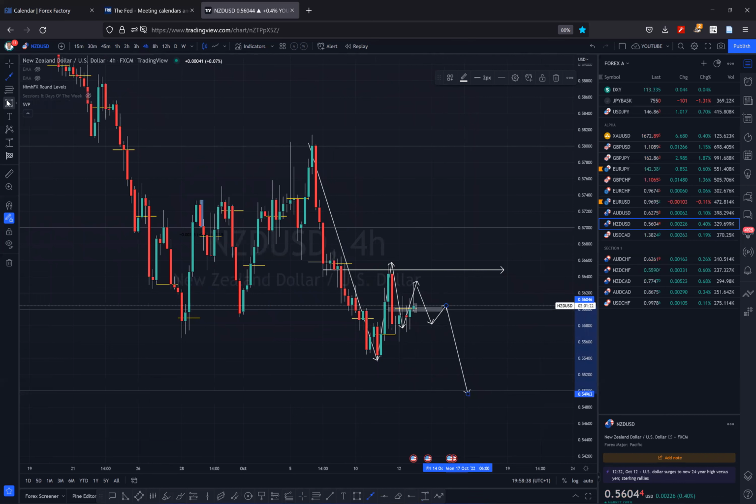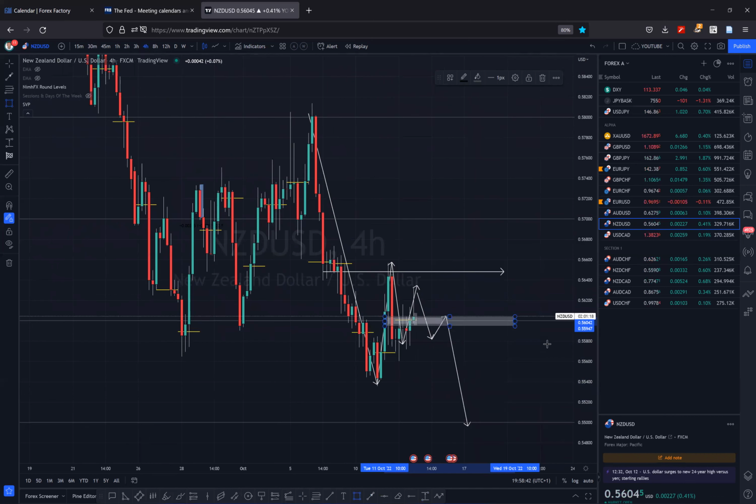So again, I'll be looking to short below this POC here, and it also happens to be the psychological level 0.5600. So if price closes bearish here, I'll be looking to short to the next psychological level 0.5500. Right, and here we can have a very nice trend line going from here to here to here, right?